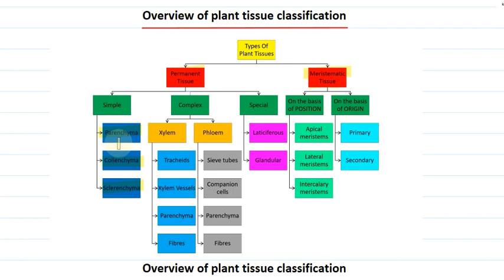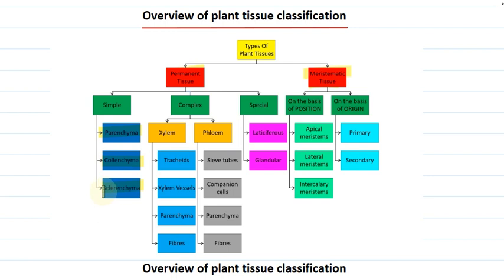These are known as intercellular spaces. Now what are collenchyma tissues? So collenchyma tissues are composed of cells that are elongated and thickened with cellulose, and this cellulose is present at the corners of the cells, and the collenchyma tissues do not have any intercellular space.